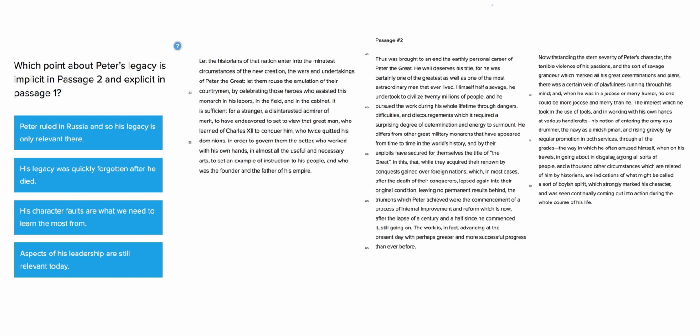So this means that we should start with trying to find the point about Peter's legacy in passage 1, because since it's going to be explicit, it's going to be easy to find, or easier to find at least.